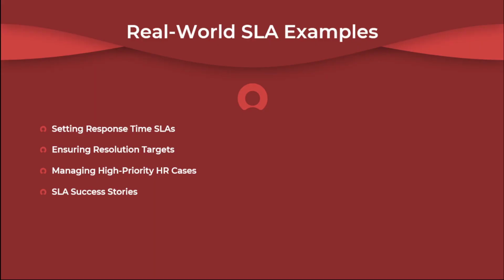Then ensuring resolution targets: for example, a promotion request must be approved within 5 business days. And then managing high priority HR cases: for example, emergency leave requests require a 2-hour resolution SLA. Then SLA success stories. Organizations using SLAs have reduced HR case resolution times by automating workflows and prioritizing urgent cases effectively.